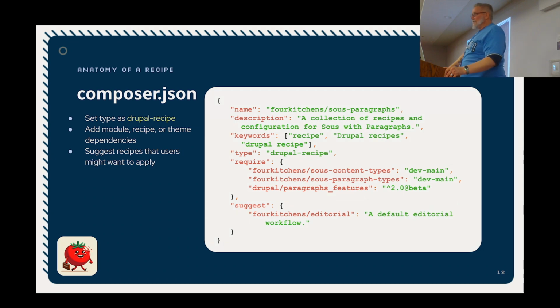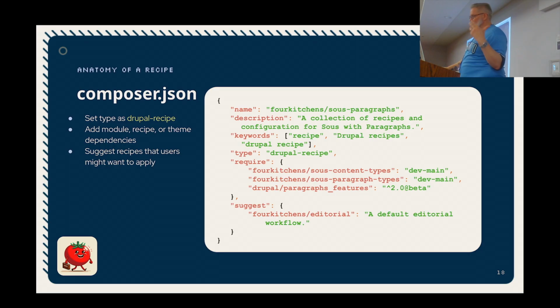So the composer.json, as we talked about, is pretty similar to a standard composer.json, so name, description, keywords. The critical difference here is that you give it a type of Drupal recipe, and then as you would with any other kind of project, you set what other dependencies should be brought down for it, and then you can also use this suggest key to maybe prompt the user for other add-on projects.